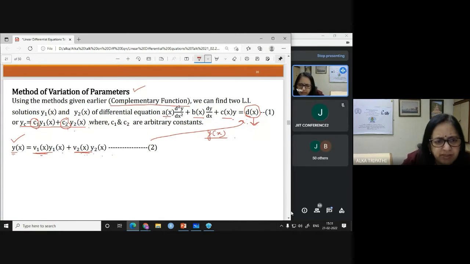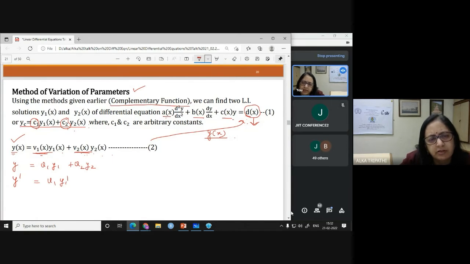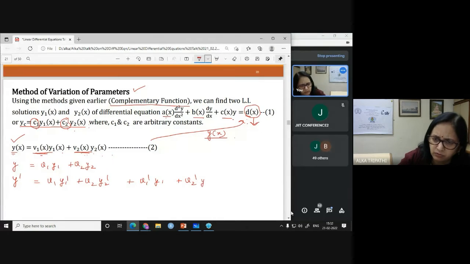So, for simplicity, let me write y equal to v1 y1 plus v2 y2, because it will be easier for me to write. Then y dash is equal to v1 y1 dash plus v2 y2 dash plus v1 dash y1 plus v2 dash y2.